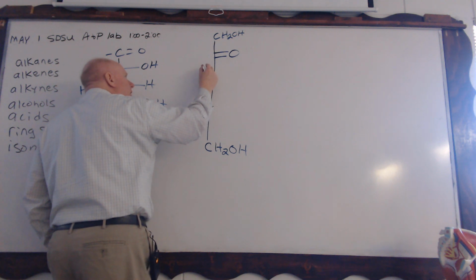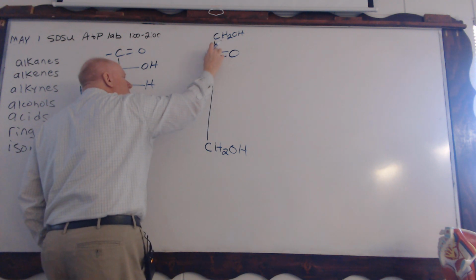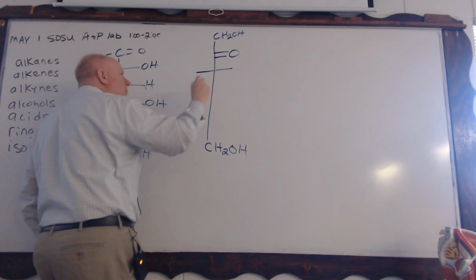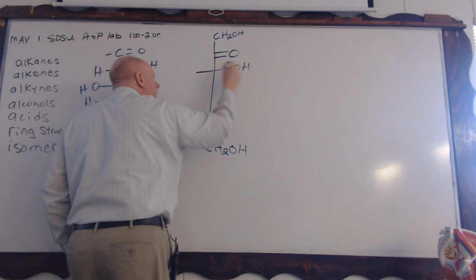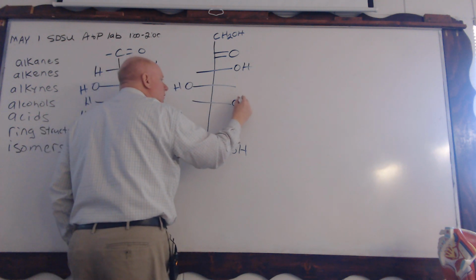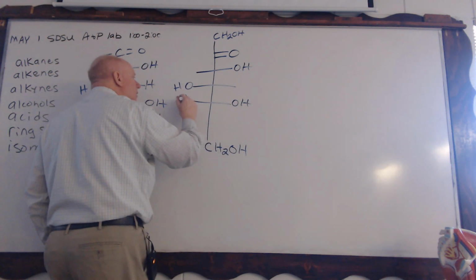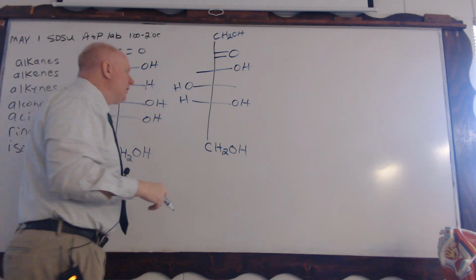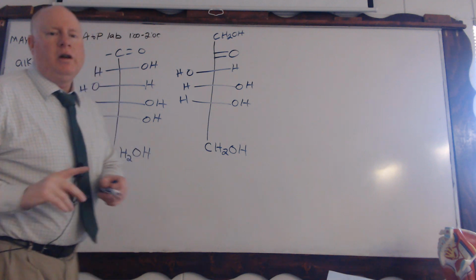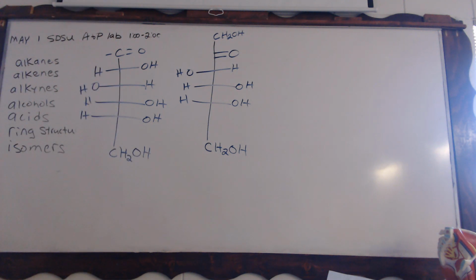And then in this case, there's carbon 1, carbon 2, okay? Then we move on to carbon 3, carbon 4, carbon 5, and then carbon 6, okay? Okay, that's the correct orientation that I wanted.